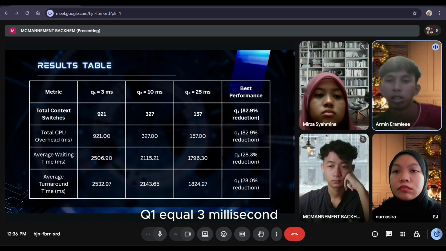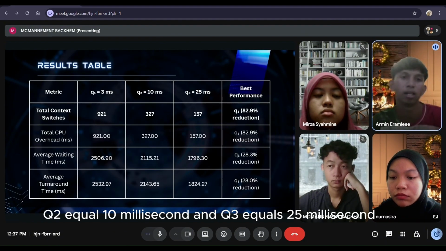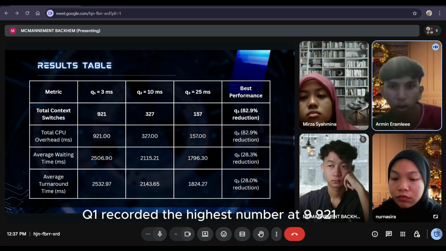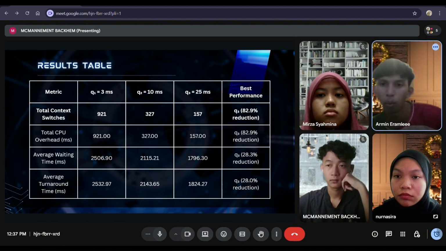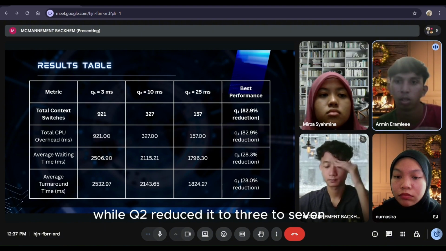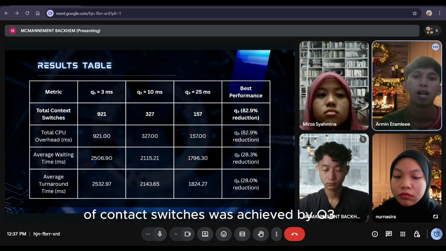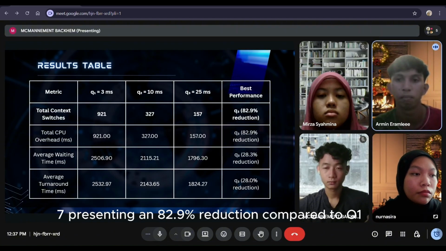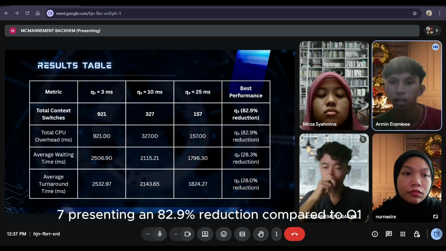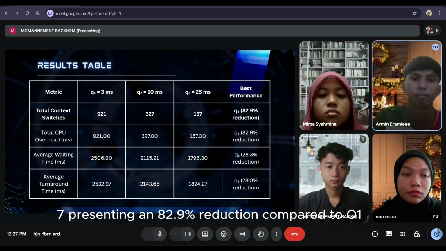Next, this table shows the results for three different time quantum values. Q1 equals 3 milliseconds, Q2 equals 10 milliseconds, and Q3 equals 25 milliseconds. For total context switches, Q1 recorded the highest number at 921, while Q2 reduced it to 327. The lowest number of context switches was achieved by Q3 with only 157, presenting an 82.9% reduction compared to Q1.